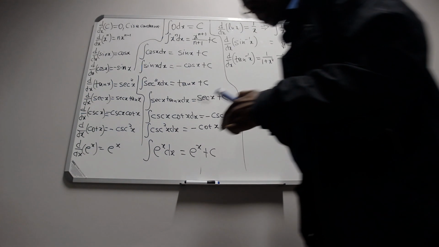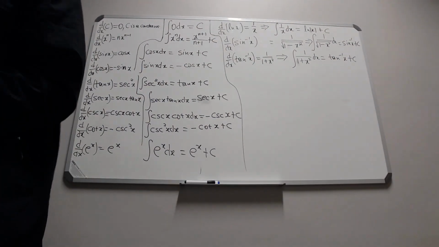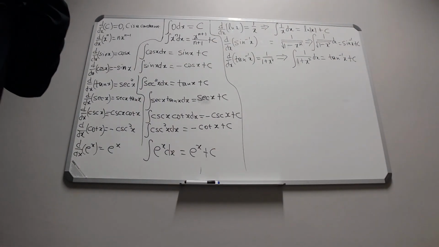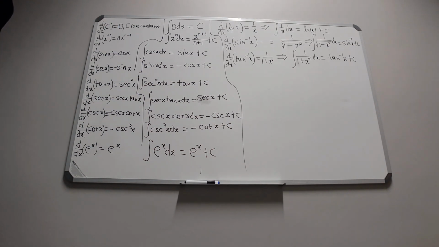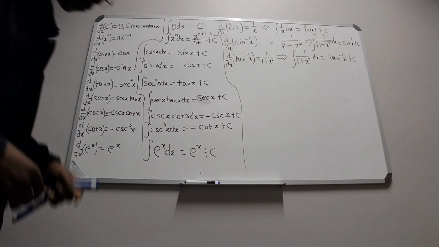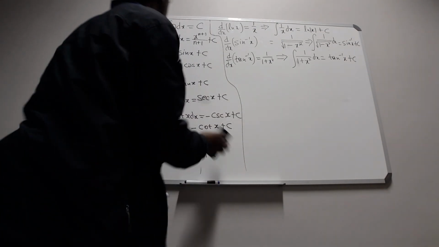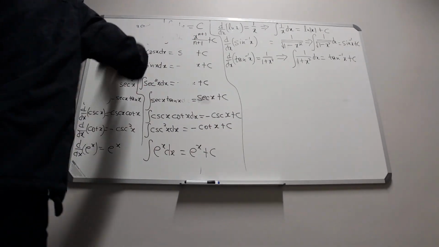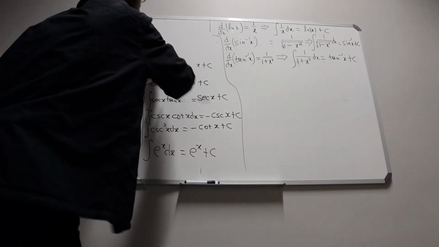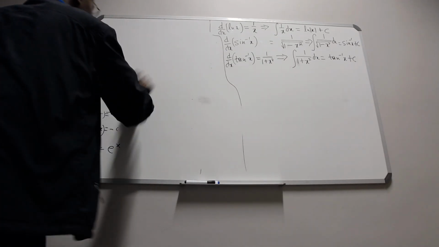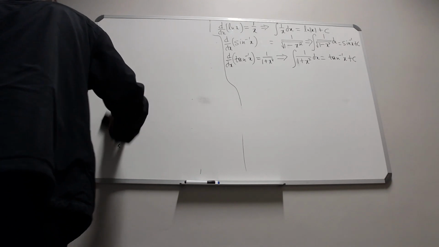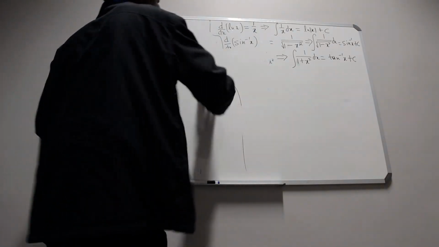So let us look at several examples. We are not going to repeat the examples we did last week, and we just put more examples. It is important for you to go over the rules of differentiation, and you know how to differentiate the various functions.